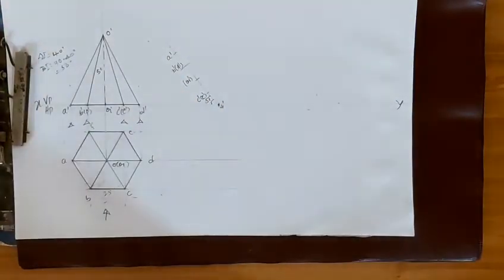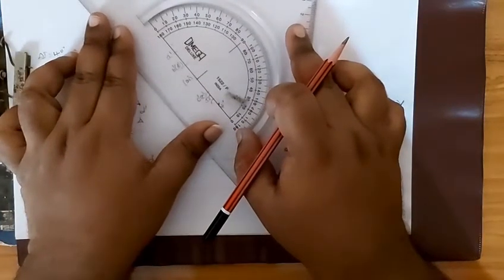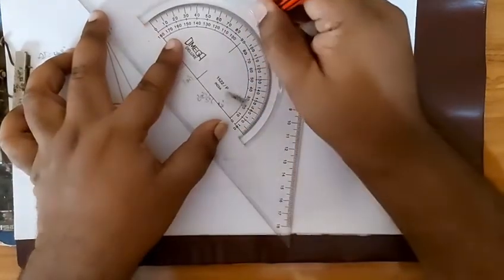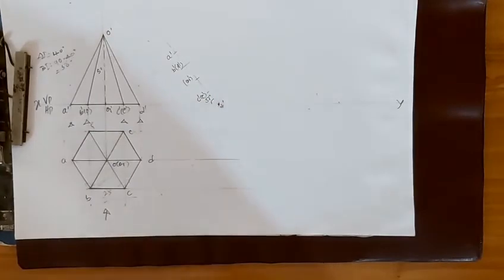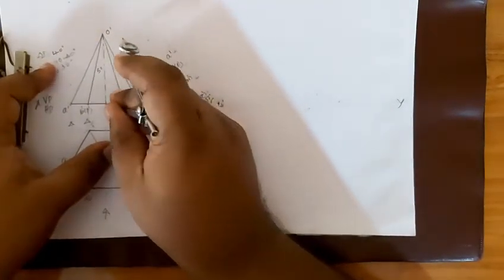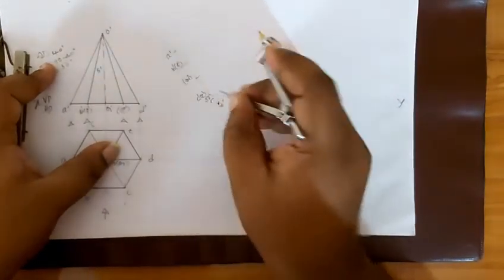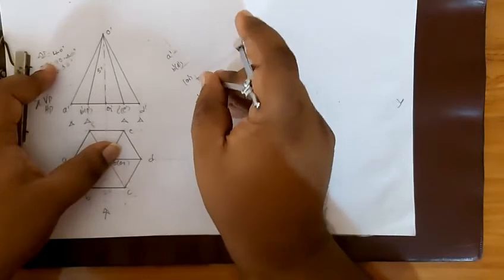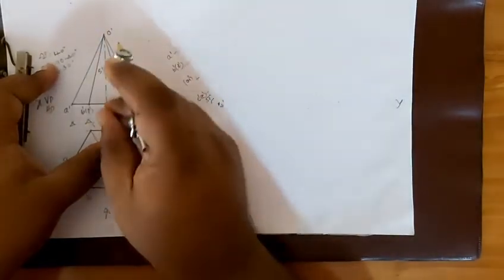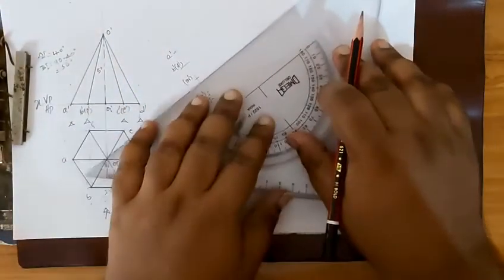Now we will take 90 degrees from the O1 point, and from this we will draw an arc of 50 mm height. From O1 I will draw an arc of 50 mm, and then we will join O1.